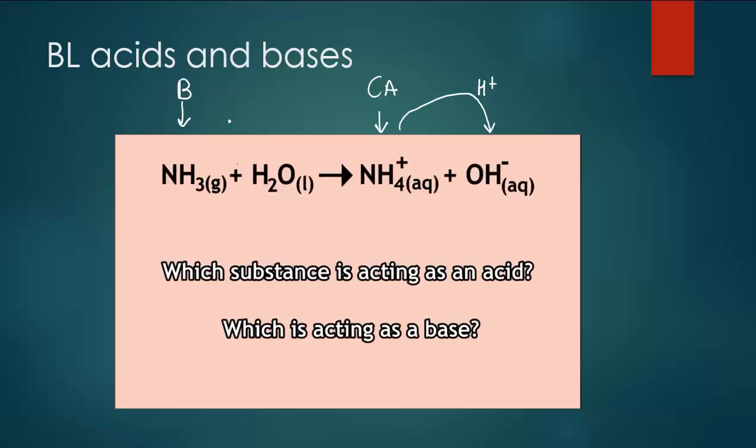So if this guy's the base, then this guy must have given the hydrogen ion, making it an acid, and what it becomes on the other side should be something lacking a hydrogen ion.